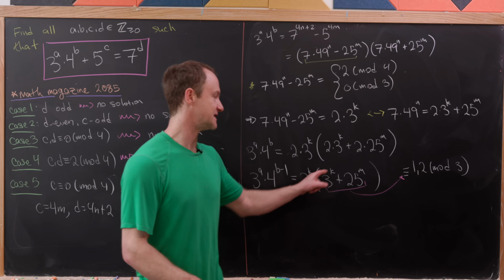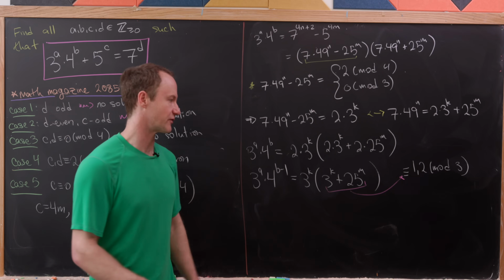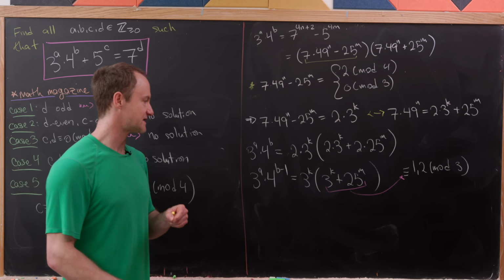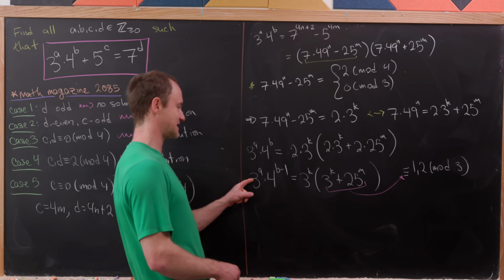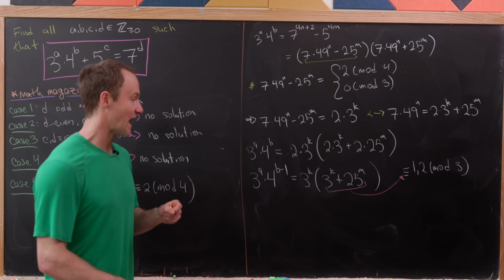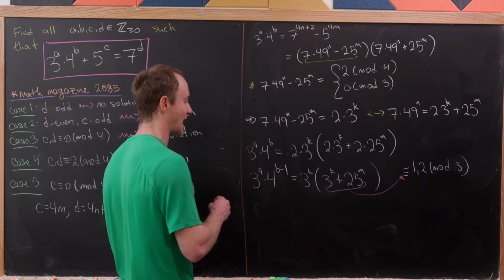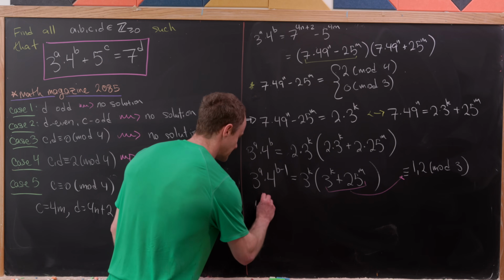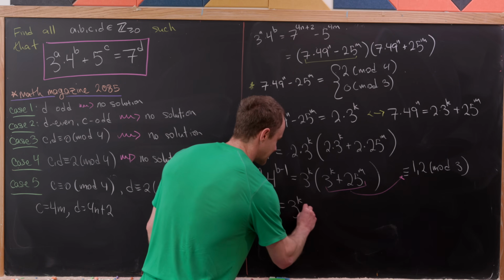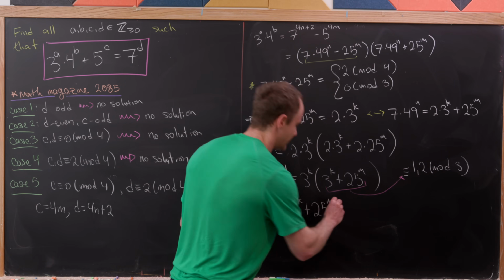And if k is 0, it's 1 plus 1 or 2 mod 3. The important thing is it's not a multiple of 3. But since it's not a multiple of 3, that tells us that a and k are the same. But if a and k are the same, that means we can divide them from both sides of the equation, and we have 4 to the b minus 1 is equal to 3 to the k plus 25 to the m.